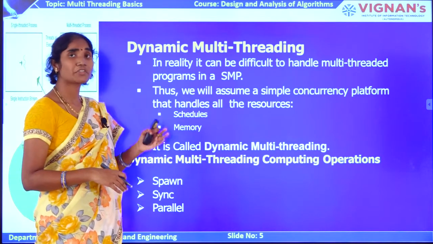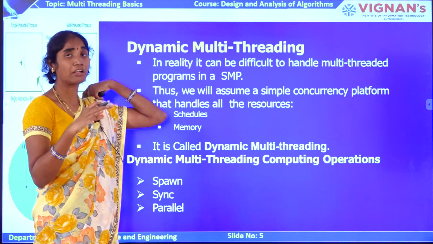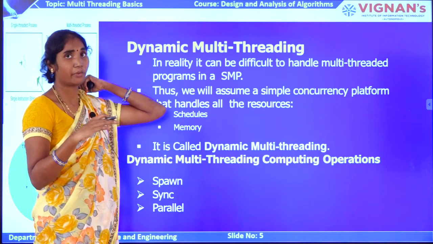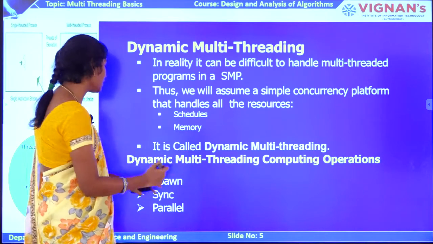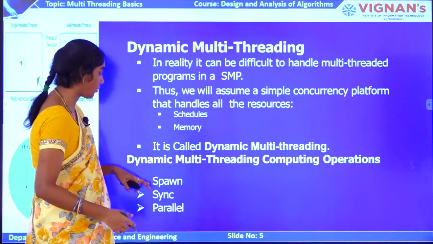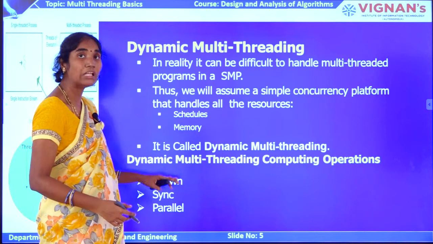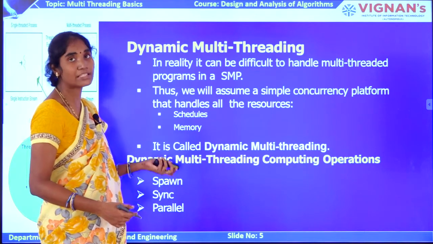Now what are the operations we are using to make dynamic multi-threading? In order to make dynamic multi-threading, we are using 3 operations: spawn, sync and parallel. Now we will see all these operations.